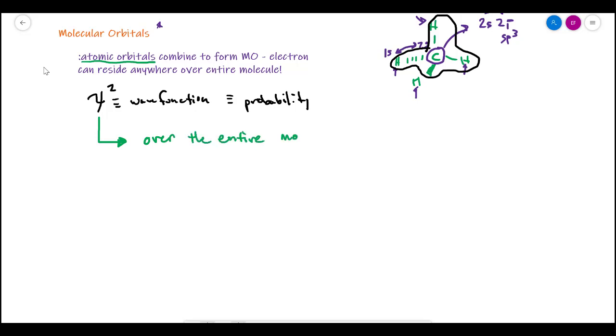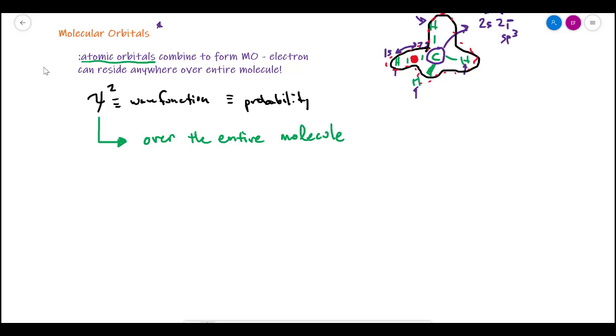And this is actually more realistic. The more measurements we do as physical scientists, we learn that electrons aren't simply relegated to an atomic orbital and shared only, say, in the space between the bond. In fact, that electron, quantum mechanically as a wave, is actually residing everywhere in the molecule.